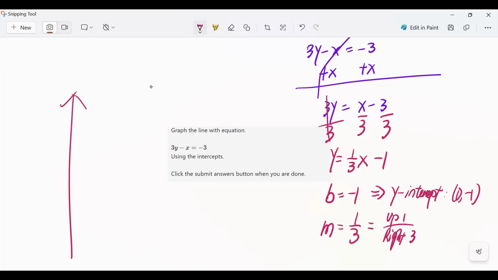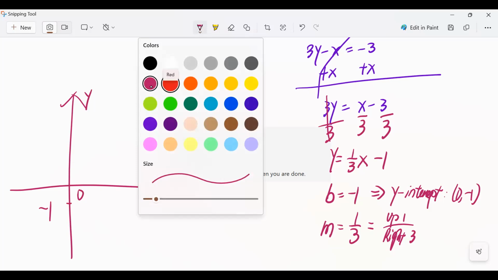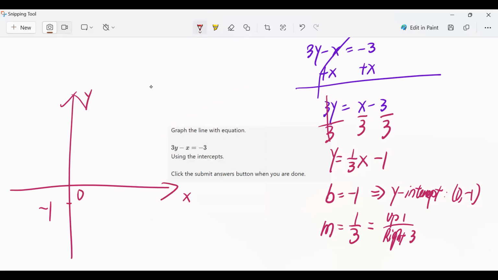First, we get the y-intercept, which is 0, -1. Then go up 1 unit, right? Start here and go to the right 3 units: 1, 2, 3. And this is the second point right here. First point, second point. Connect them, extending in both directions.